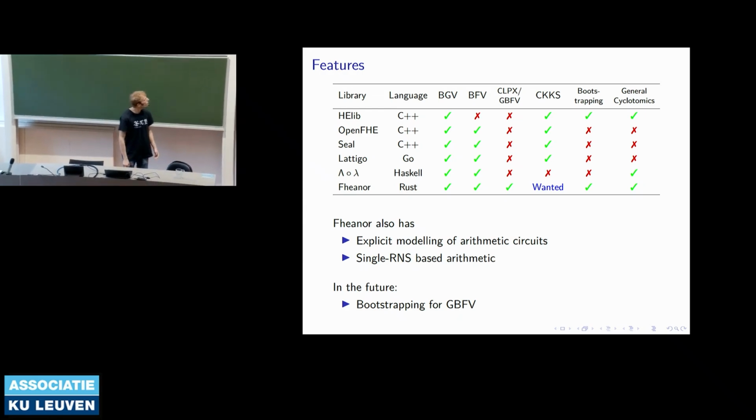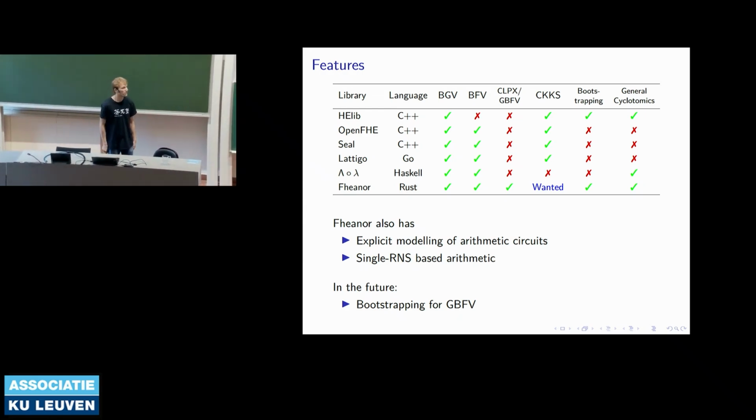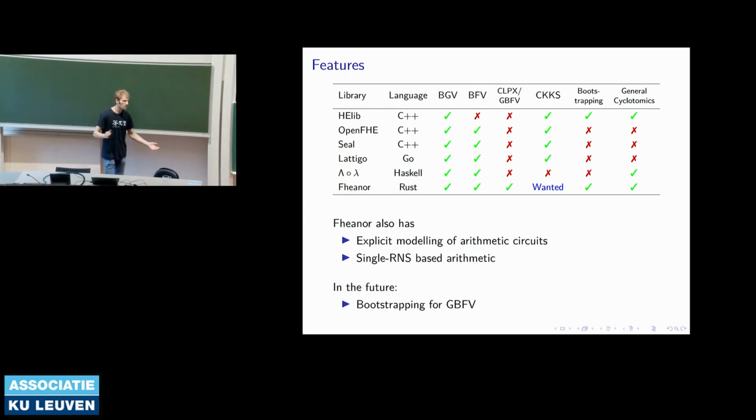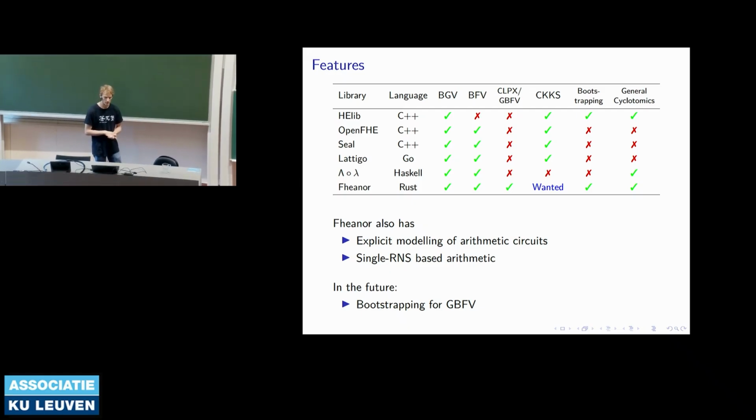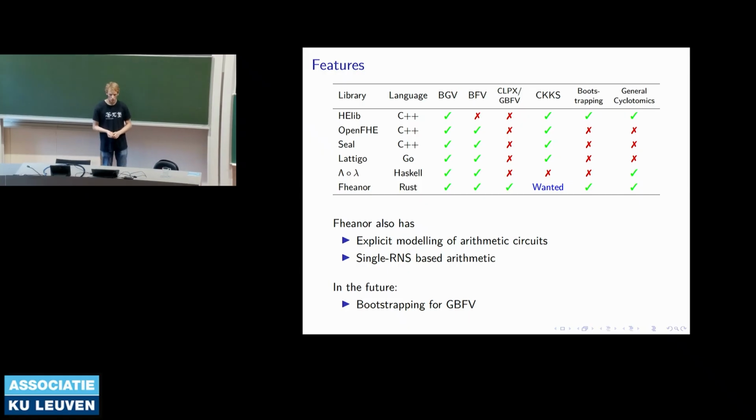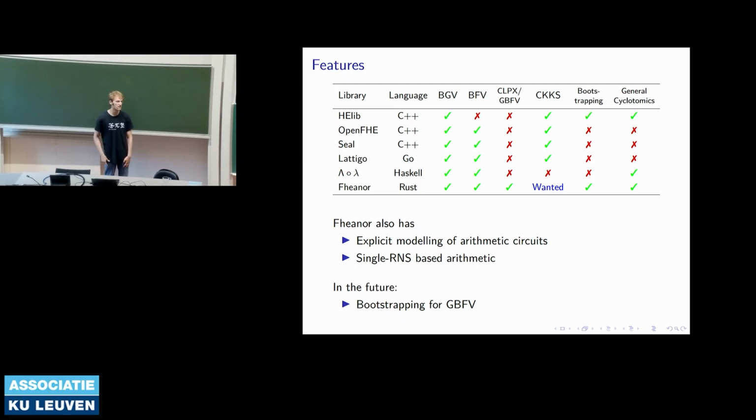Yeah, and I think I already mentioned the explicit modeling of arithmetic circuits, which at first glance doesn't have much to do with FHE, except that it's the computational model, but it actually makes implementing many functionalities in FHE much easier to be able to work with circuits explicitly. And the other thing is Fheanor also implements single-RNS-based arithmetic as an alternative to double-RNS-based arithmetic.